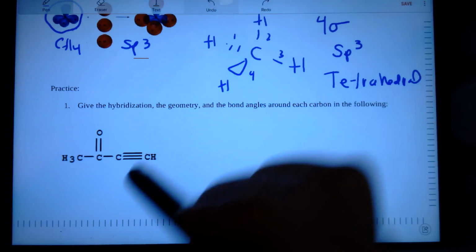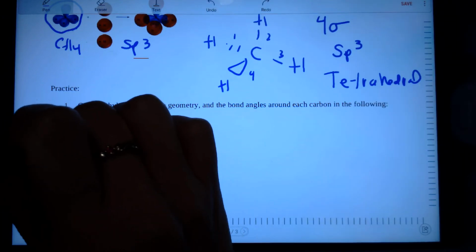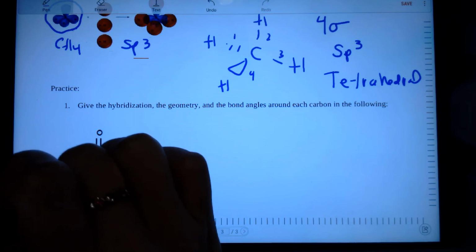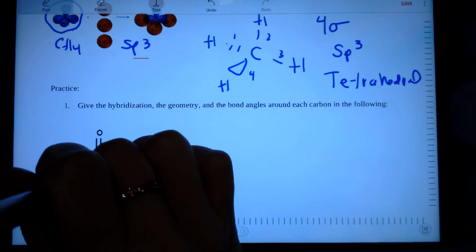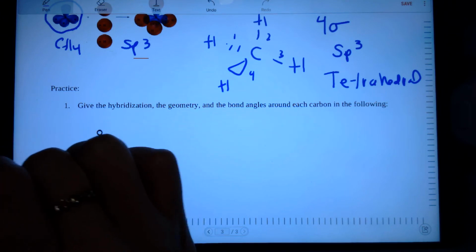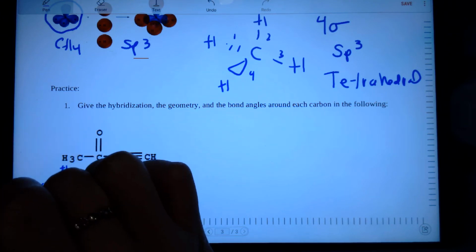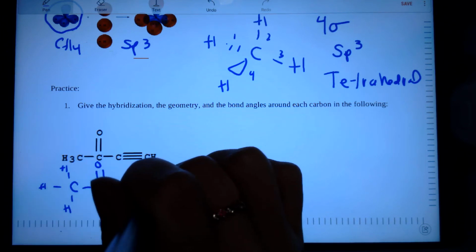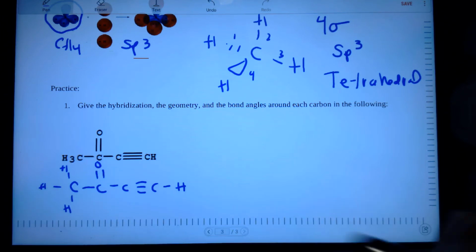If I were to draw this out, this carbon right here, we'd have H, H, H. So this is what we'd have if we drew this all the way out.